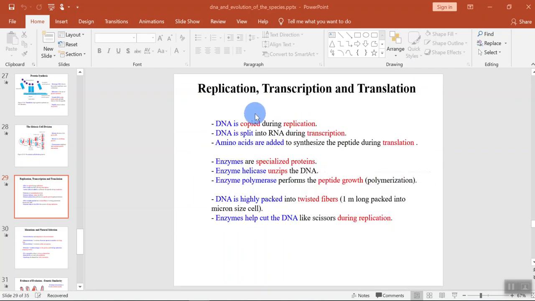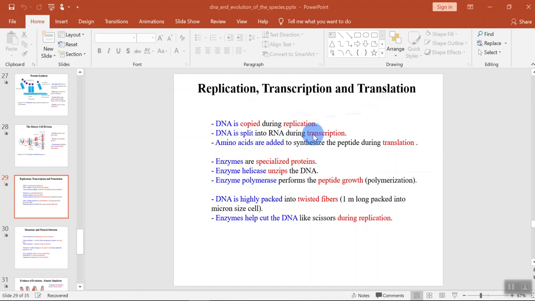We said replication, transcription, translation. DNA is copied during replication. Replication is copying of DNA to itself. DNA is split into RNA during transcription.